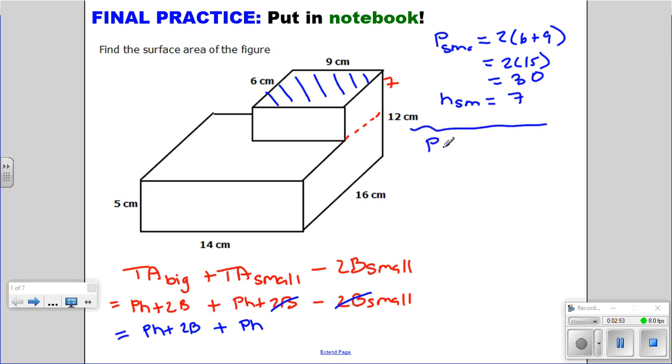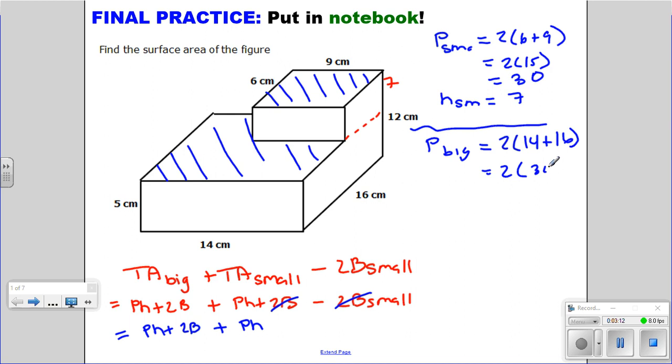The perimeter of the big, we're going to use these dimensions. So that's 14 by 16, so that's 2 times 14 plus 16, which is 2 times 30, or 60. And then our height is 5.